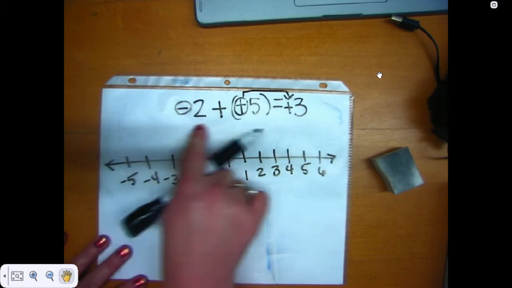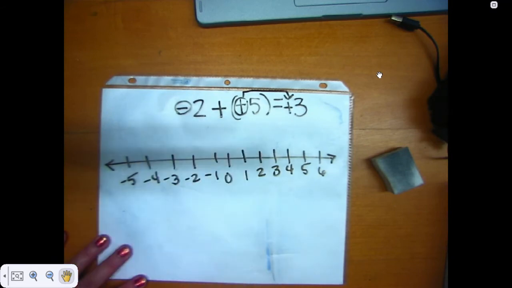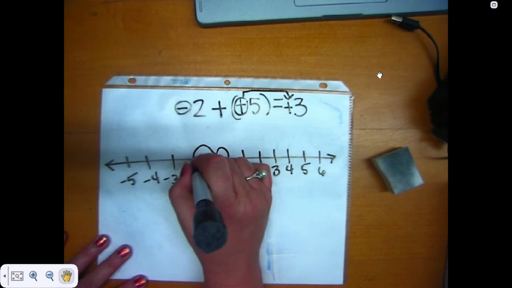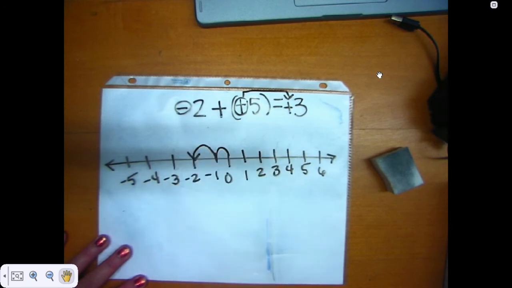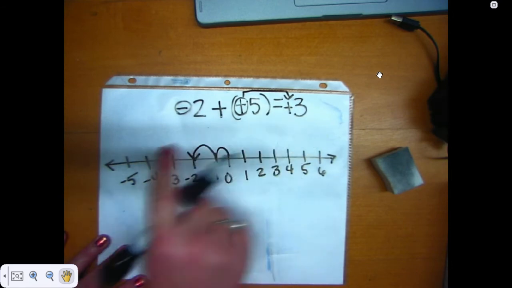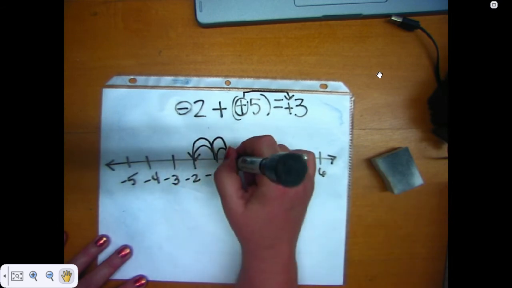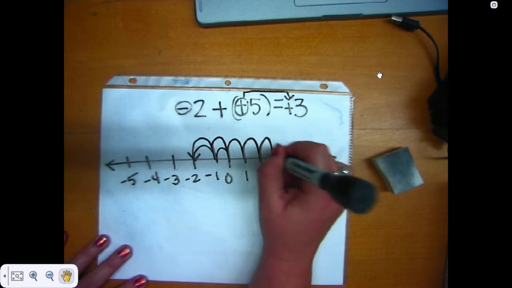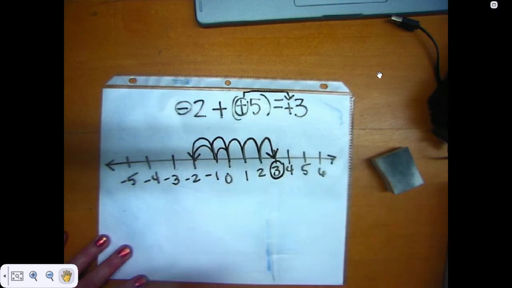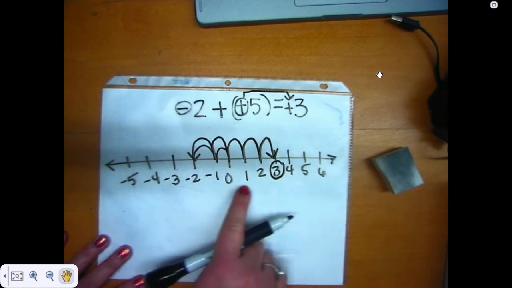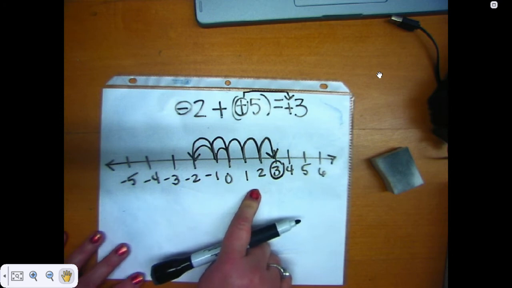My first number is negative, so that means I'm going to go left. 1, 2. My second number is positive, so that means I'm going to go right 5 jumps. 1, 2, 3, 4, 5. And my answer again is positive 3. So that's just another way for me to get the same answer.